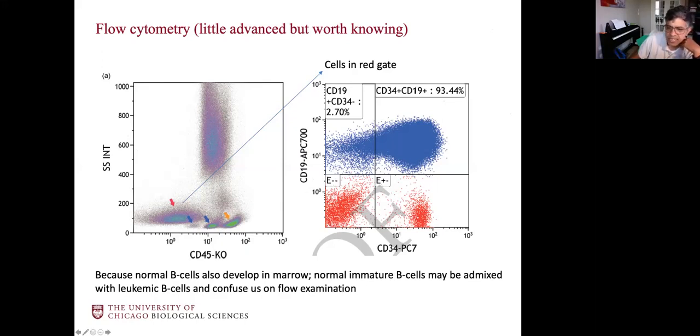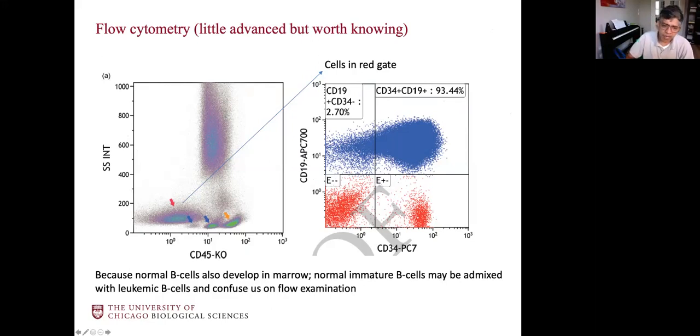Yeah. And there are these normal 34s, which are normal myeloblasts. You have to remember that just because there are 34s in the marrow doesn't mean all 34s are B lymphoid. You will have normal maturing myeloblasts, which are 34 positive, but 19 negative also in the bone marrow. You have to be careful about that.